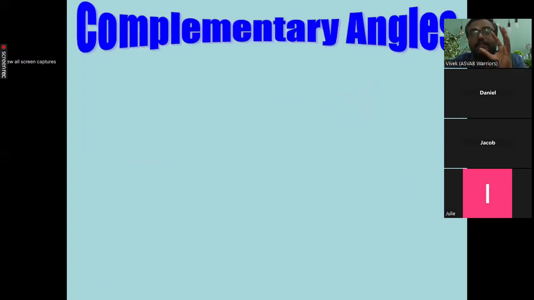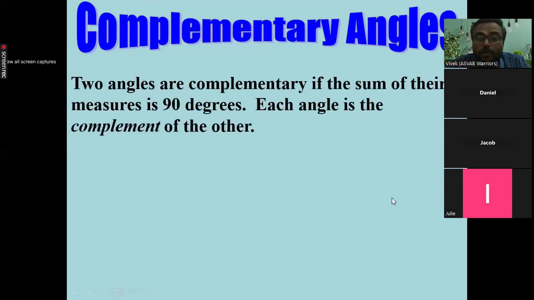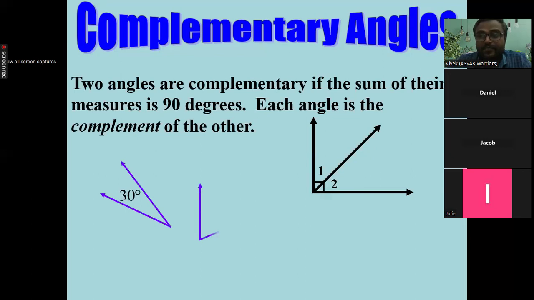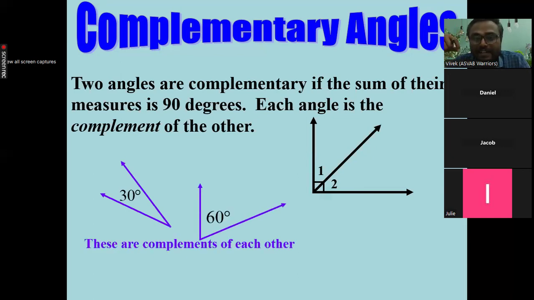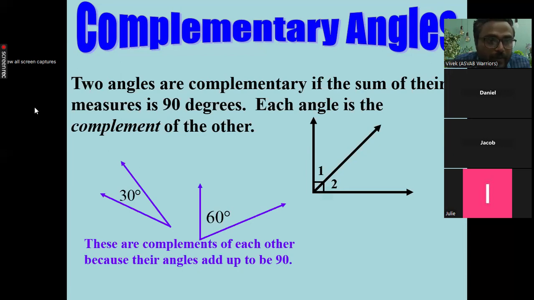If the sum of two angles is equal to 180 degrees, then those two angles are known as supplementary angles. Whereas complementary angles are when two angles add up to 90 degrees. That pair of angles is known as a complementary pair.